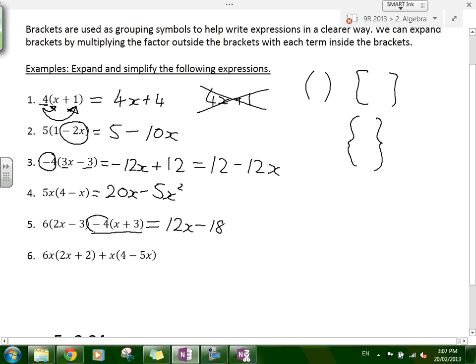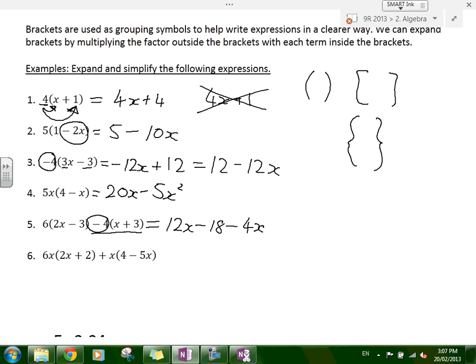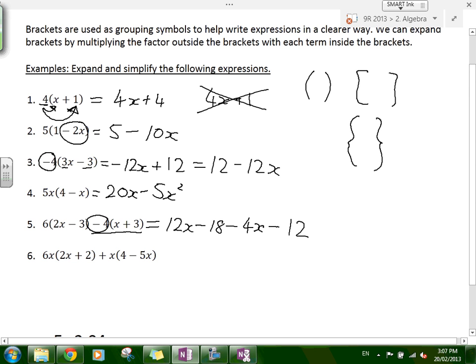Remember, there's a negative 4 here. It's negative 4 times positive 3. Yeah. 4 times 3 is, so it's going to be minus 12.